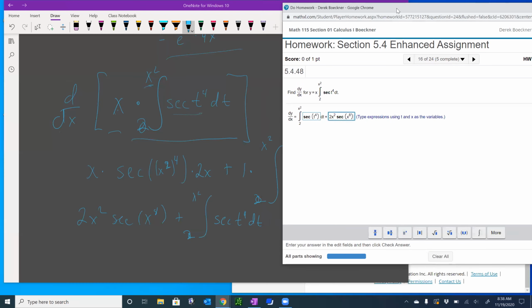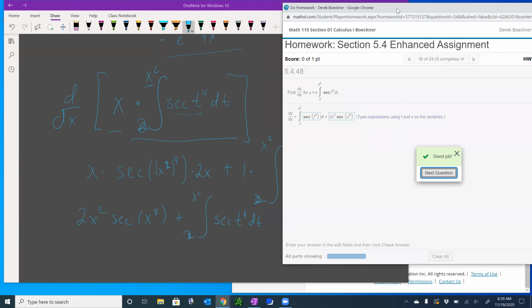Okay. Questions on that one? Okay. We see why it's using t's and x's now. Yeah. It's a little weird when it asks you to do that, but because it's a product rule, that's what you get.